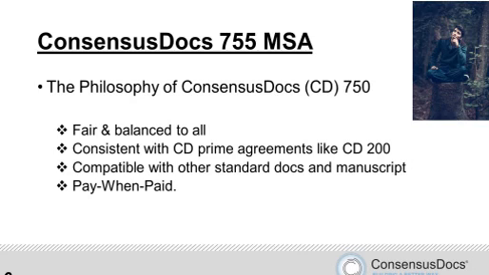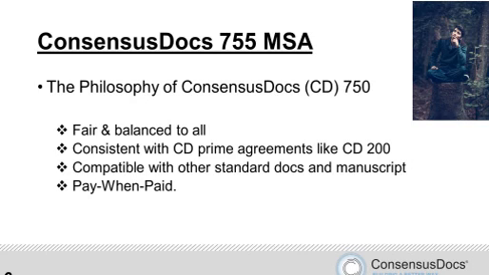And just to give you maybe a couple examples, not to get deep into the weeds of the philosophy of the 750 and what I think exemplifies its balance and fairness, I'd ask you to take a look at the indemnification provisions.